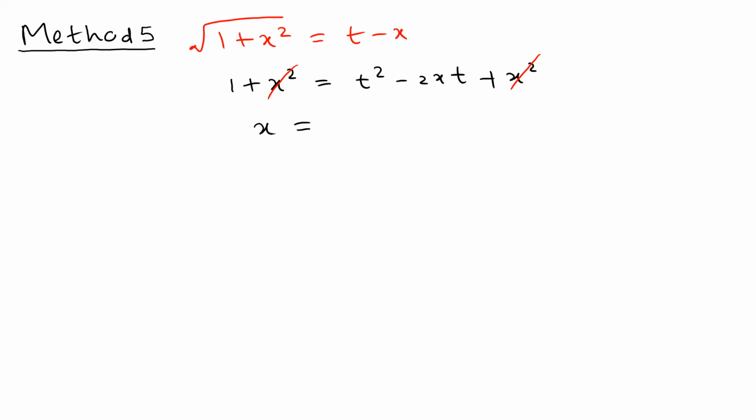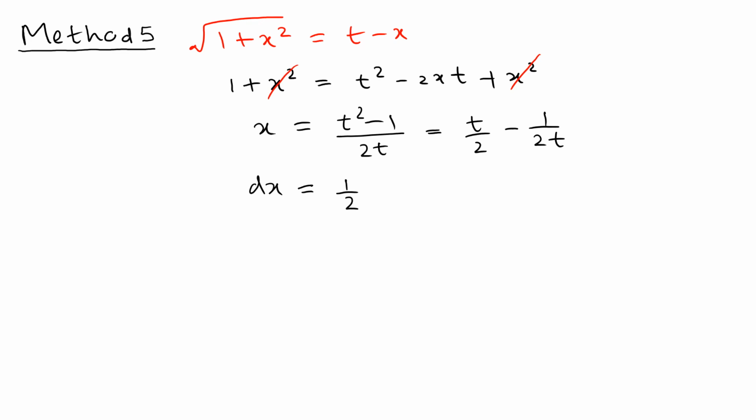And now you can solve for x again as before. So we get x equal to t squared minus 1 over 2t, and then we can also split it and write this as t over 2 minus 1 over 2t, and then we can take the derivative. Once you take the derivative, dx equals 1/2, and since it's 1 over t, that means t to the negative 1.